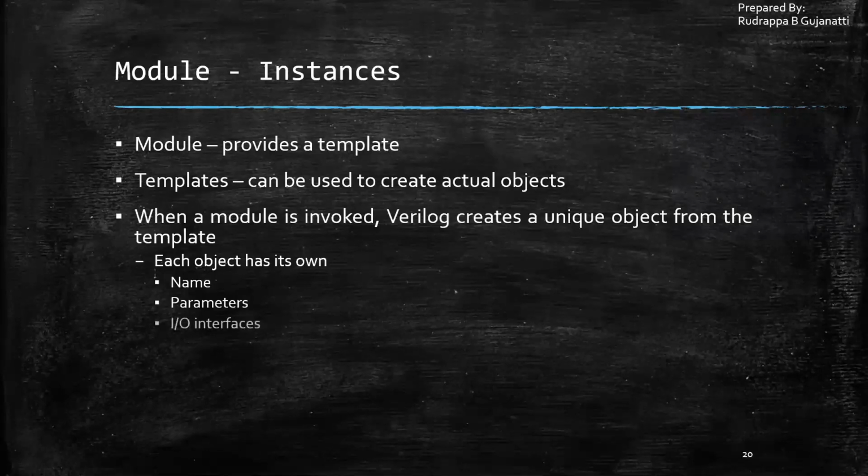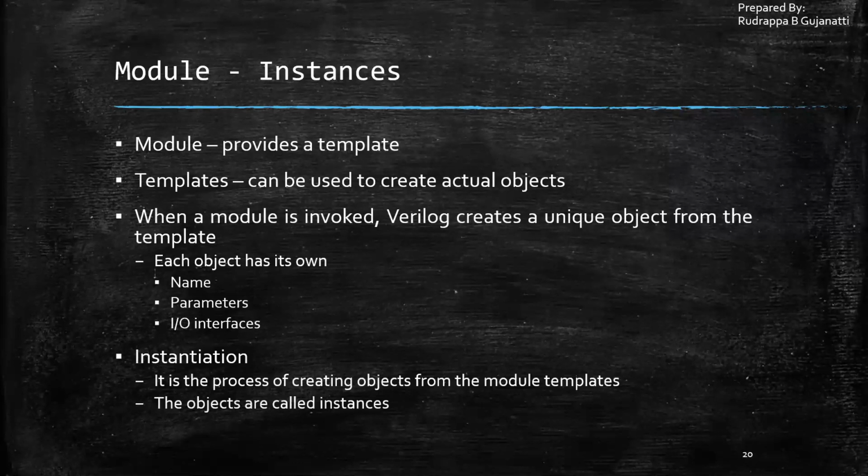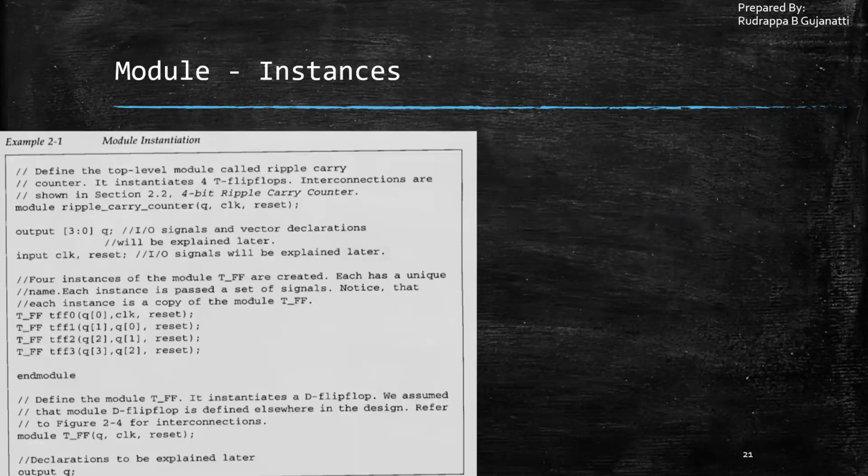Whenever we speak of an object, it will have a name, parameters, and IO interfaces. When we go for the coding part, we will discuss all these things. So what is meant by instantiation? The process of creating the objects from the template of the module. And the objects themselves are called instances. So these discussions we had.